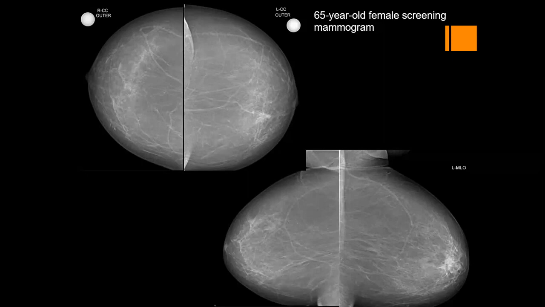Even if we have a lesion that does not fulfill the criteria of being a mass, we describe it as focal asymmetry until we confirm it is a mass. So we are dealing with a focal asymmetry. Why is it a focal asymmetry?